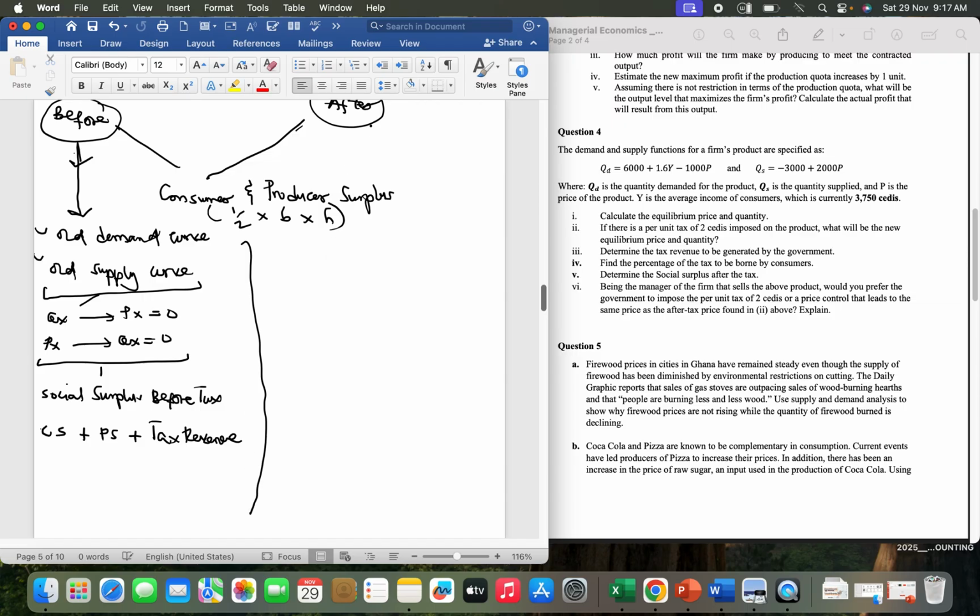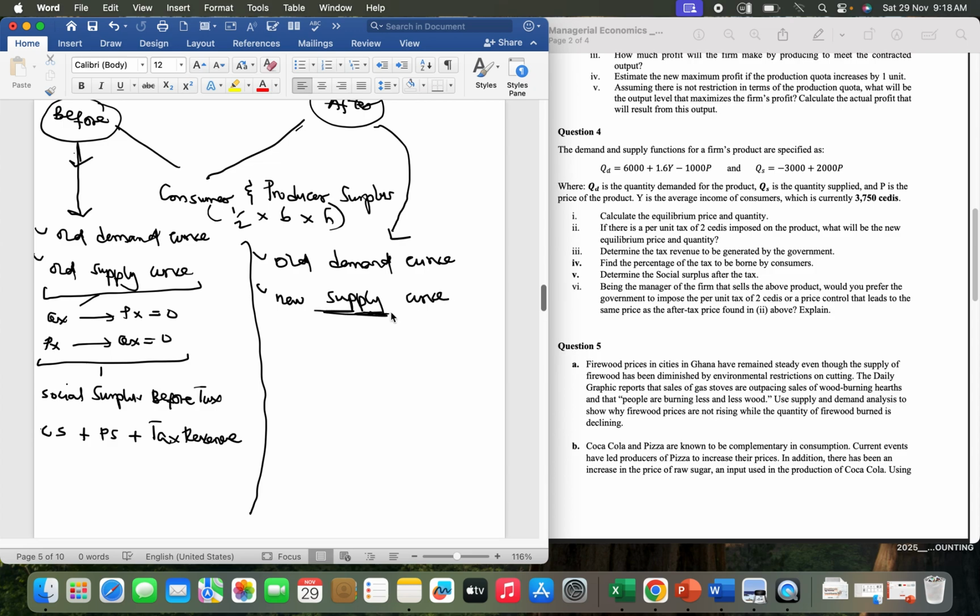Let me do the after concept. With the after, we use the old demand curve and the new supply curve. Why is this one the new supply curve?